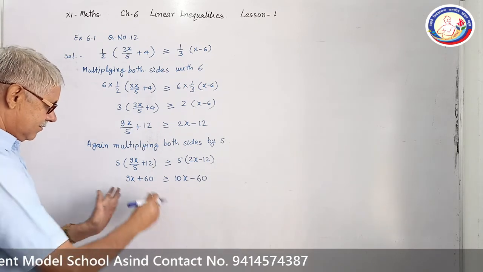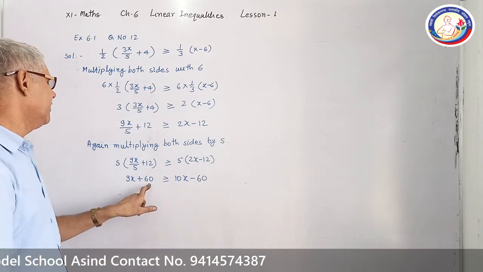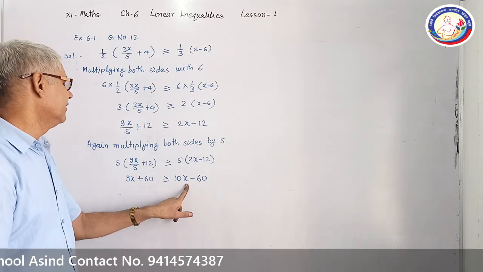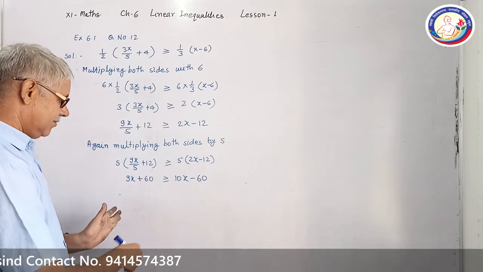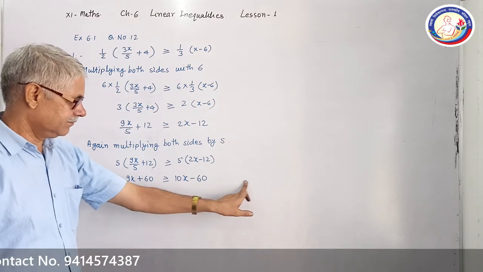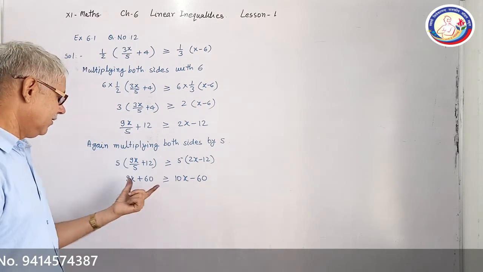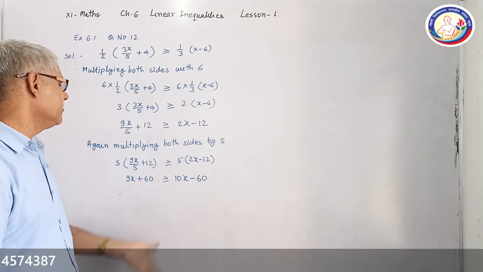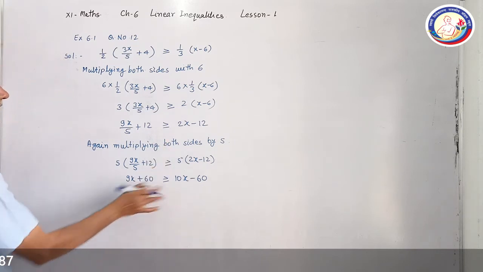and the result will be 9x plus 60 is greater than or equal to 10x minus 60. Now remove this 60 from the left hand side and this 10x from this side. So as we use the law of transposition in equations, we will do the same here, or we will write it in this manner.